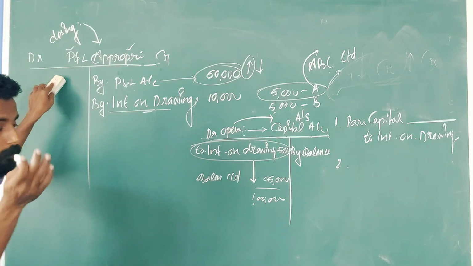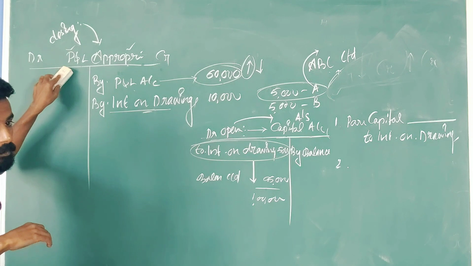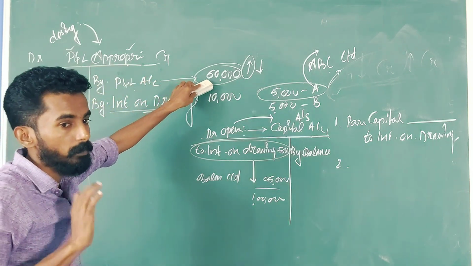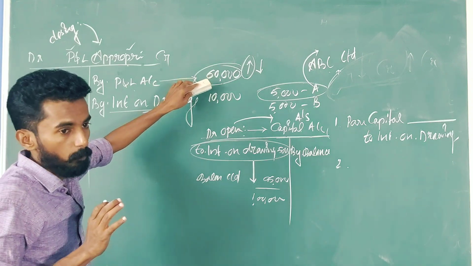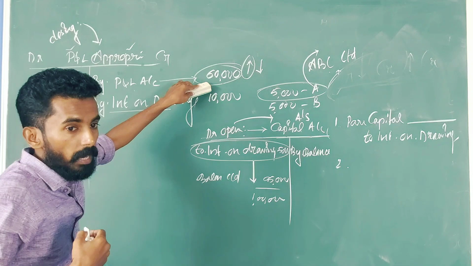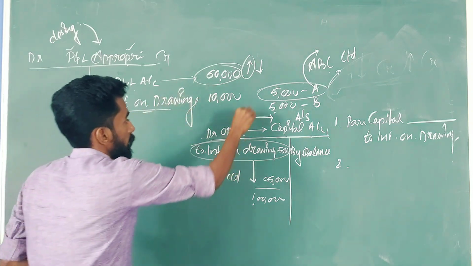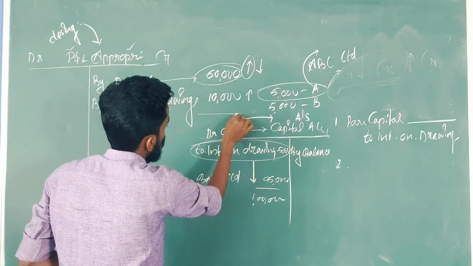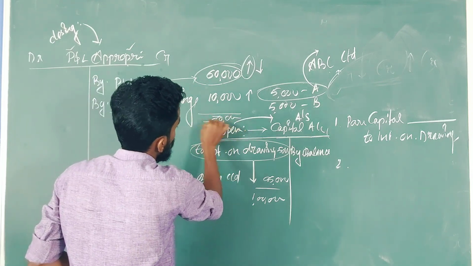Okay. Think from the side of ABC Limited. Imagine, for understanding only, I am taking an imaginary figure. 60,000 was the profit. When a firm is charging interest on drawings, the balance is going to increase. 60,000 was the profit, and we charge 10,000 interest on drawings, so we will get a total of 70,000.